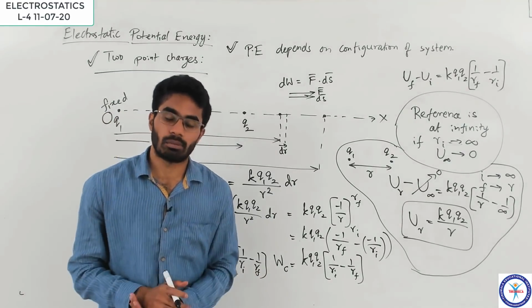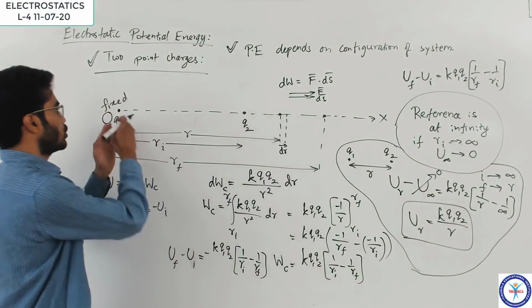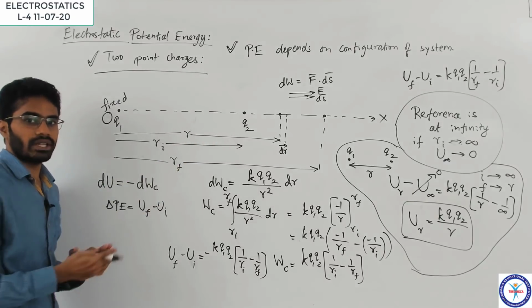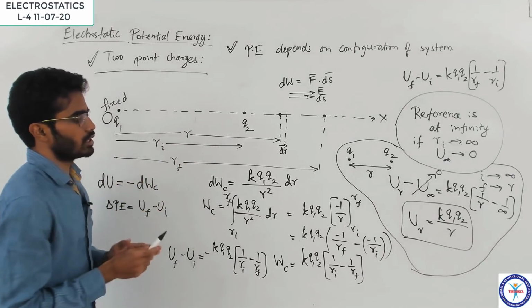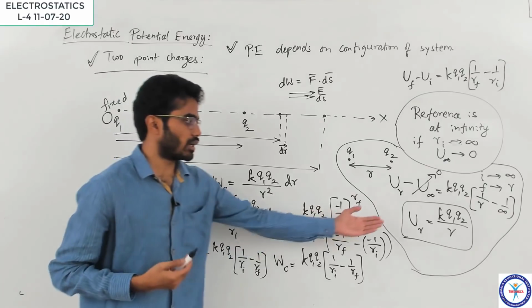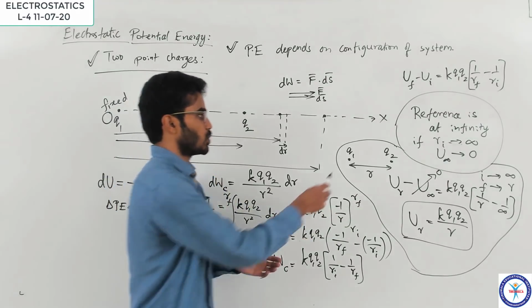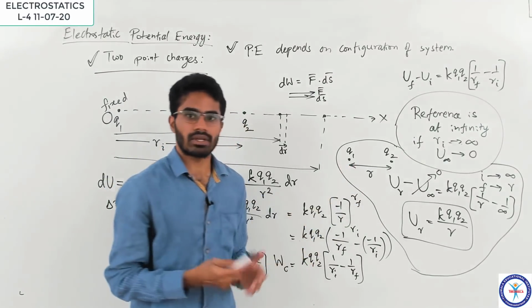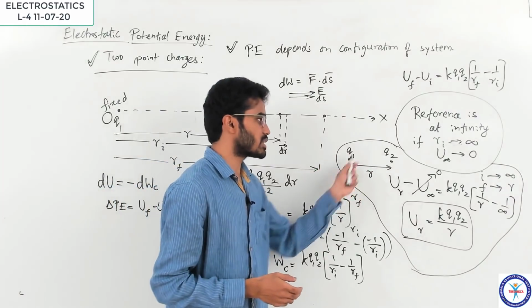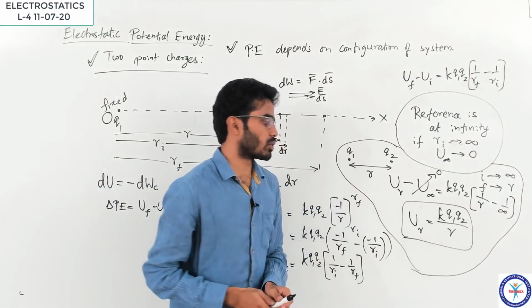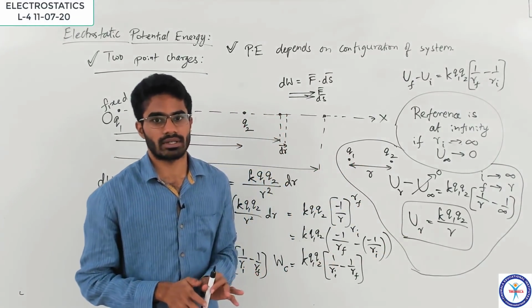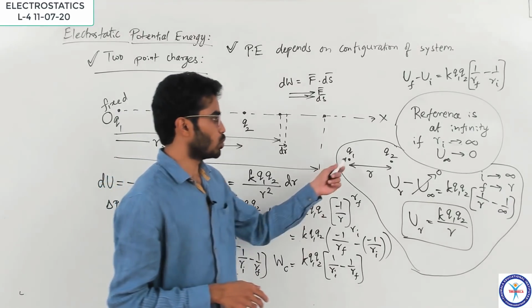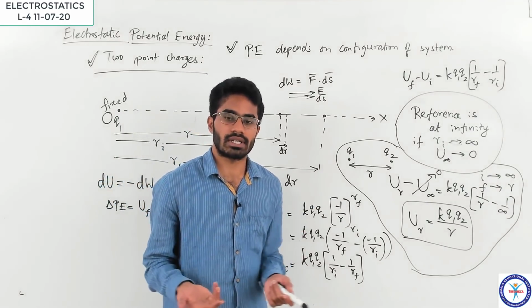So this is how we get the potential energy of the two-charge system when they are separated by any distance, small r. Two charges, the distance between them is small r. The potential energy of this system is k q1 q2 by r. Very important result. We often use it. And q1 and q2 can be positive charges or negative charges.